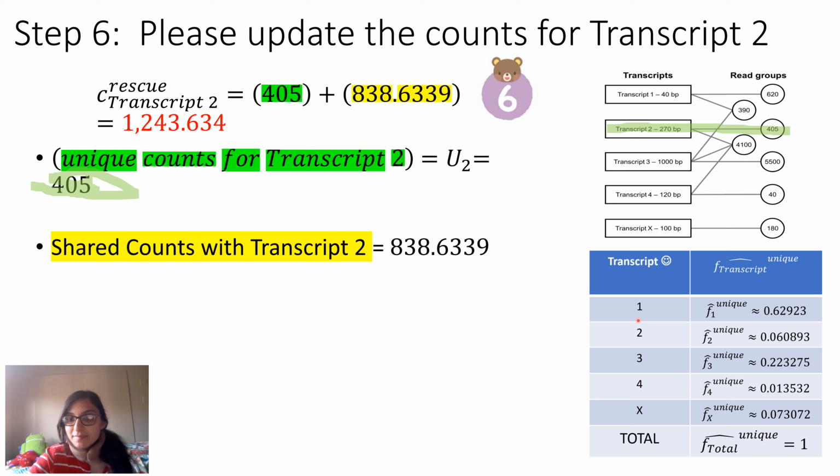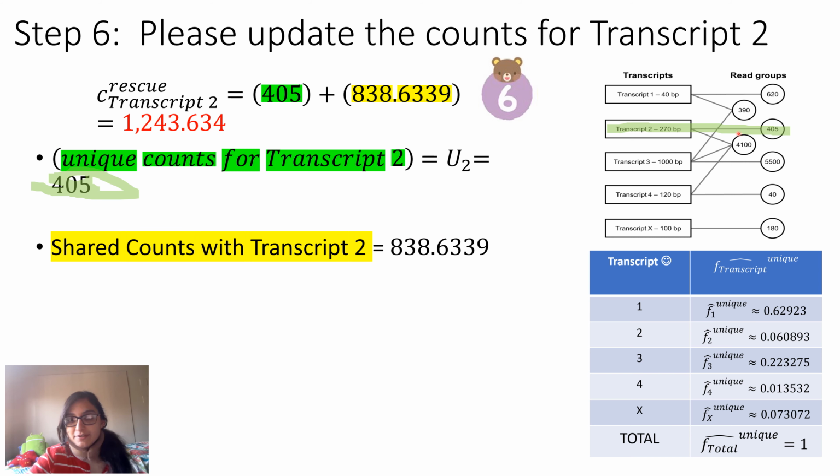Well, that can be seen by these relative unique abundances, where transcript 3 has over 3 times as many as transcript 2, and we would expect a lot less for transcript 4. So let's see if that matches. But keep in mind that out of this 4,100, we're getting only about 838 coming to transcript 2.